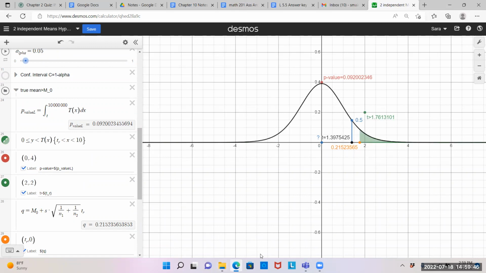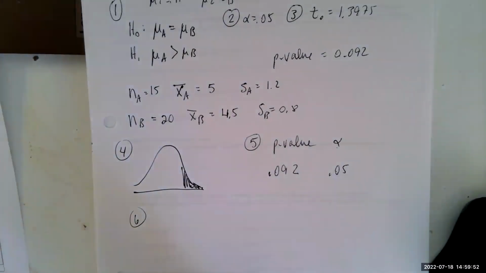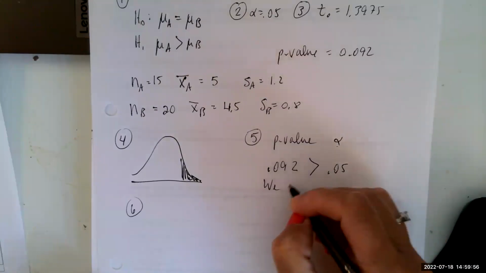Okay, so let's go back and share a paper so we can finish this up together. So our p-value is 0.09. It's greater than alpha, so we do not reject H0.